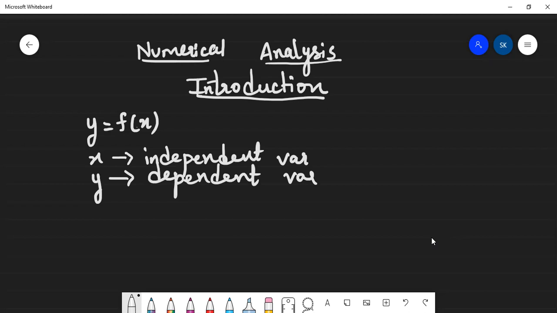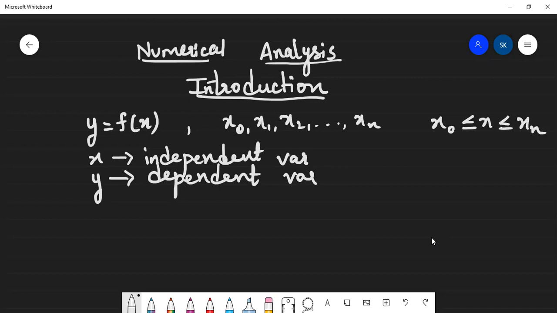Suppose a function y equal to f of x is given and the range of x is given. That means x is taking different values, x0, x1, x2, and so on, xn. That means the range of x is between x0 and xn. Right?